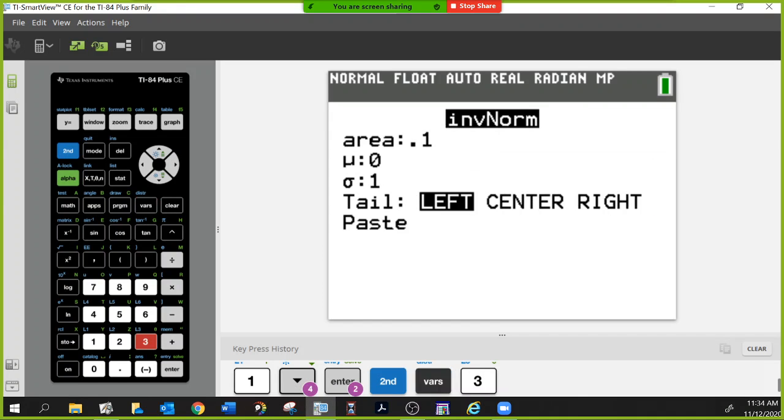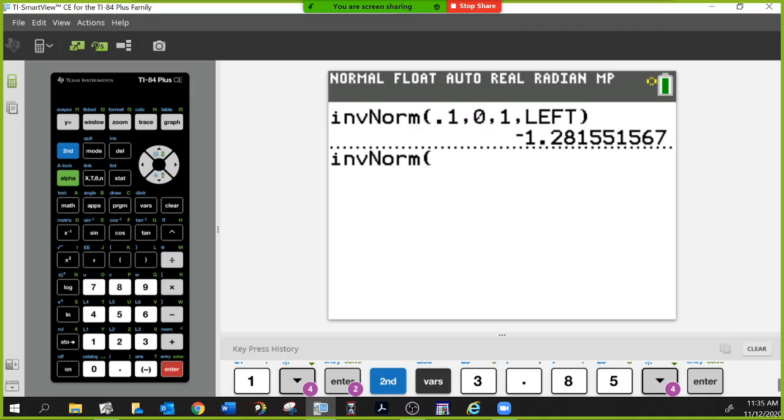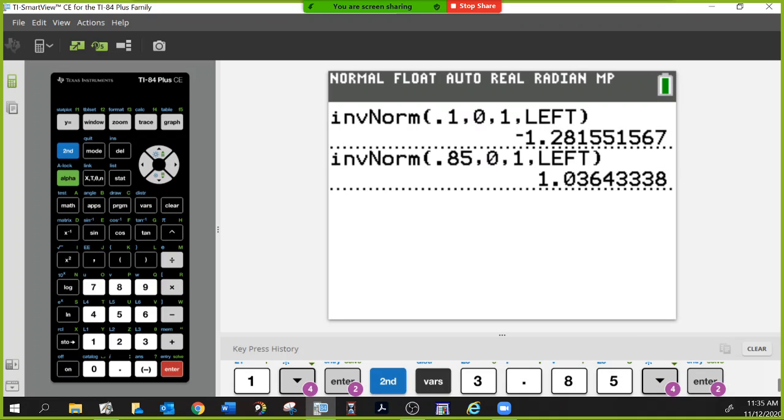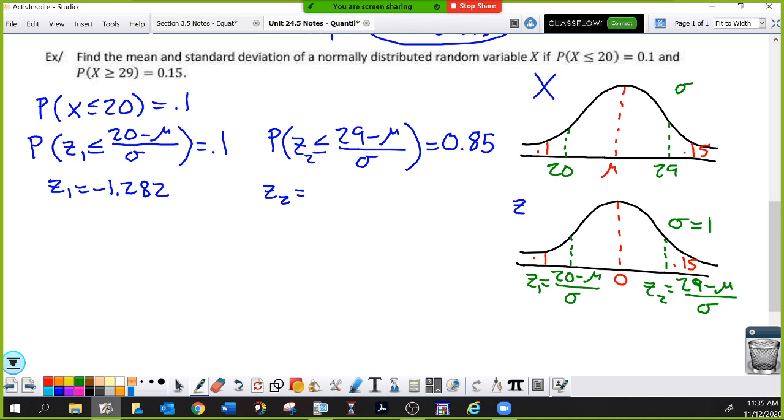Inverse normal. Now my area is 0.85, still going to the left. 1.0364. Wow, really? 1.0364 again? That's crazy. Oh, no, it's not, because they both had 0.15 to the right. That's why. Okay. Negative 1.0364. I did 036. I just took it to 3 decimals. Positive 1.036. There.